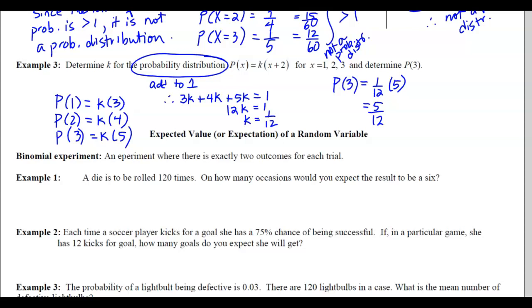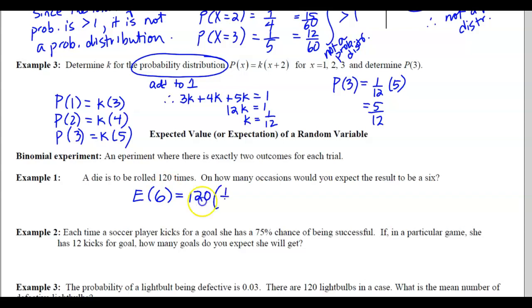It has nothing to do with what's on there; it has to do with how many sides are on a die. There are 6 sides. So the expected value, we use E, to roll a 6 would be 120 times 1/6. So you expect it to happen 20 times.